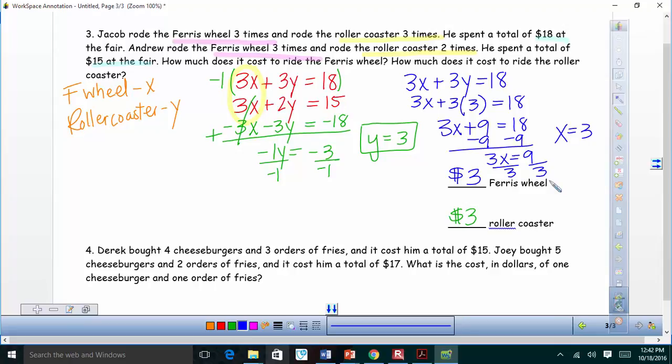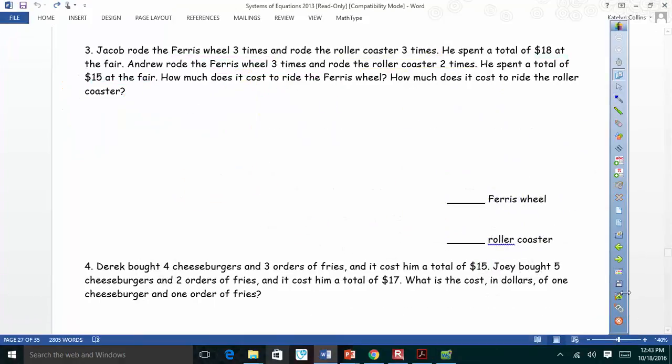Okay, do we want more examples of this? Okay, then let's talk about which way we're supposed to use, like when to use elimination versus when it's easier to use substitution. So if you will flip to your other worksheet.